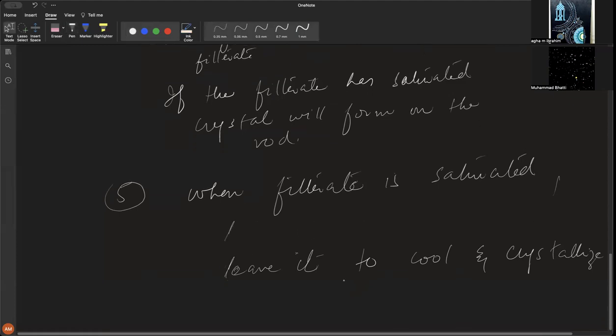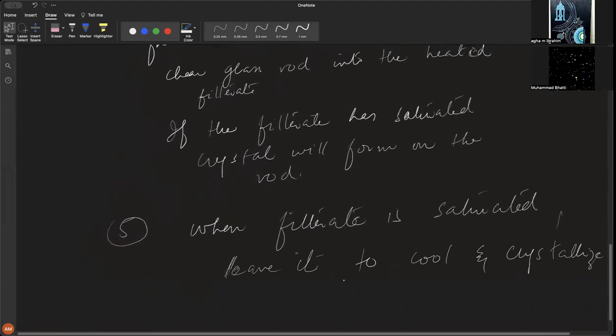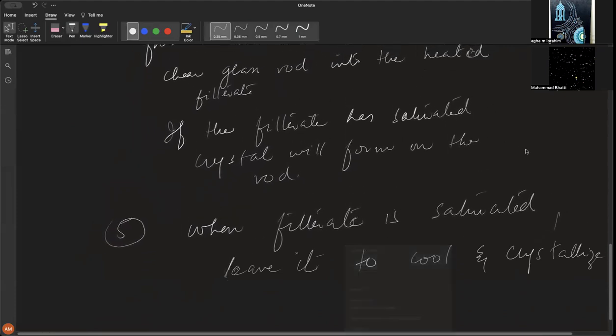All right. So they are going to be left to cool and crystallize. There's going to be some water, but most of it will be the crystals that have formed.